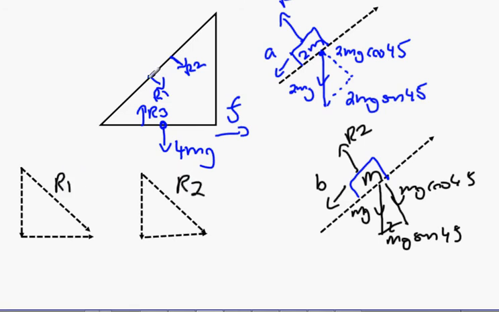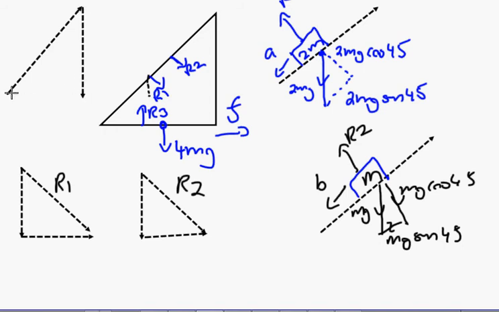If that's alpha, that there is 90 degrees. I'm just trying to re-jog my memory here of how I go about doing this.